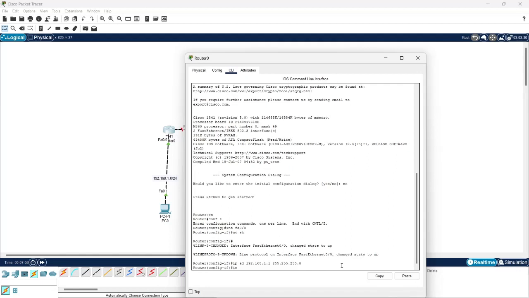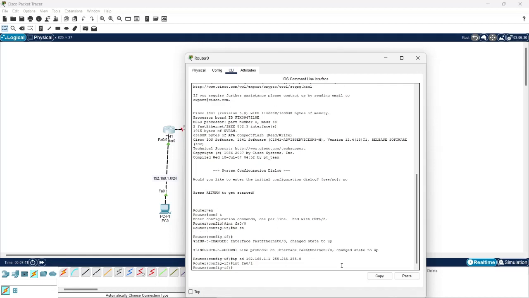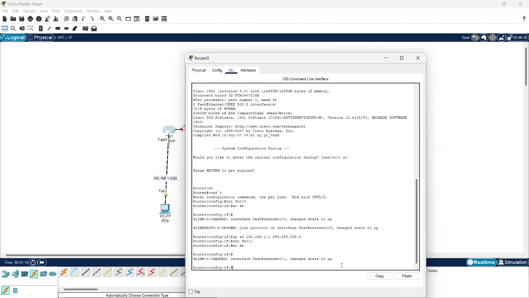After that, we're gonna get into interface 0/1, then no shutdown again. And after it, we're gonna add the IP address from router 0 to router 1.